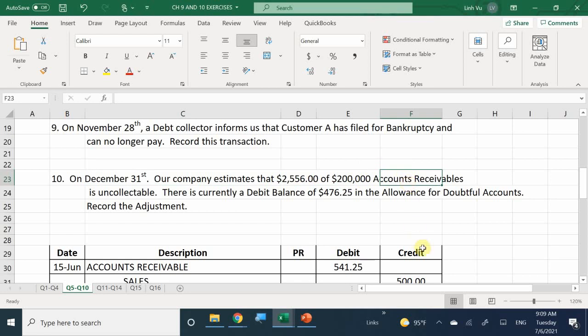So in this case, how are we going to journalize this? We're going to debit bad debt expense and credit allowance for doubtful accounts.